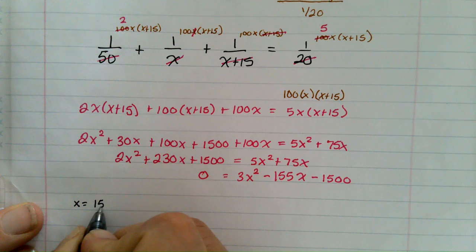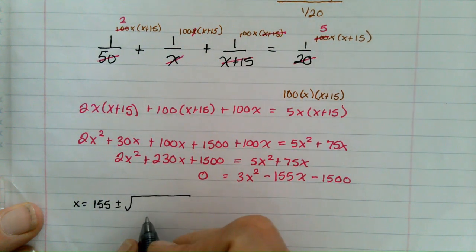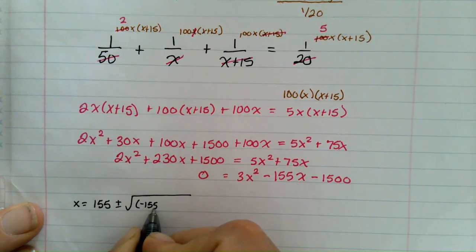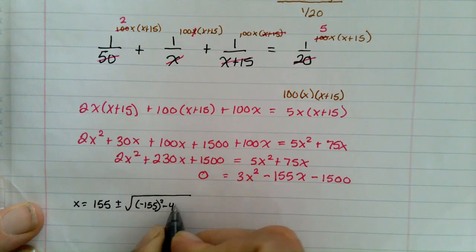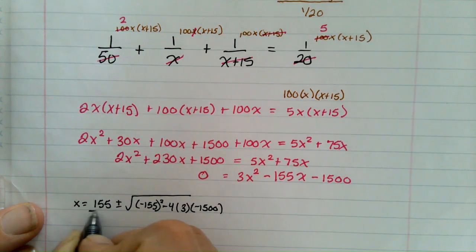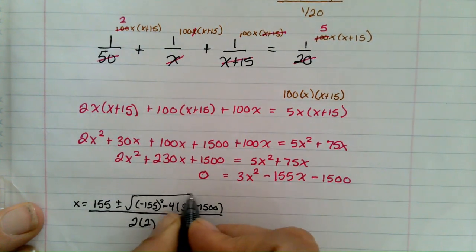X equals negative b, plus or minus, we'll have our radical, and we'll have b squared minus 4ac, all over 2 times a.